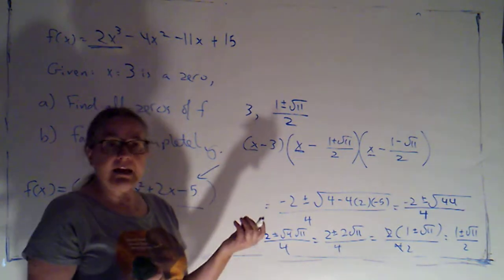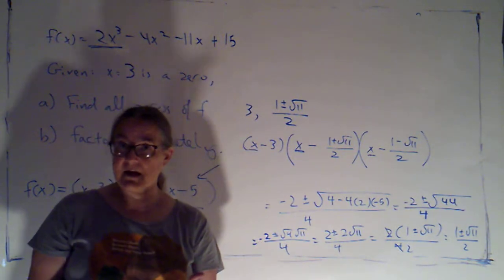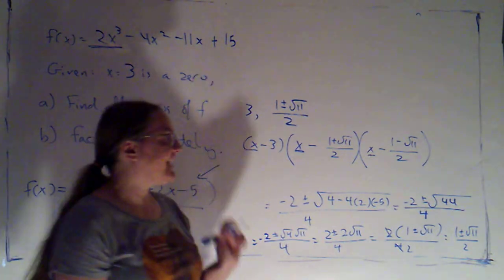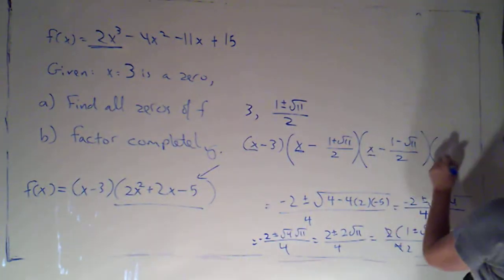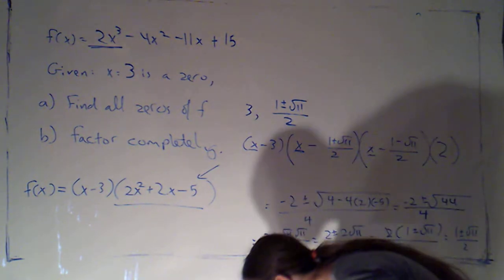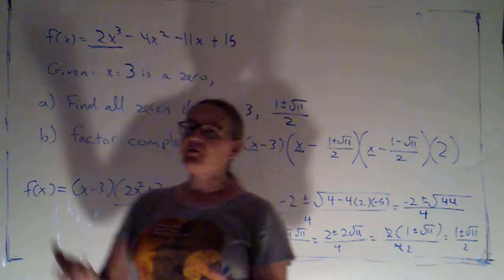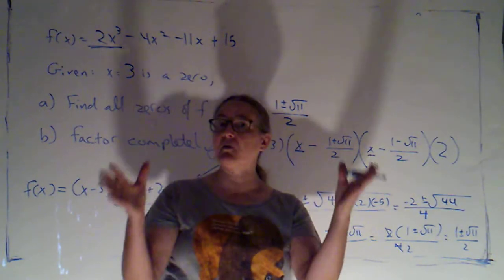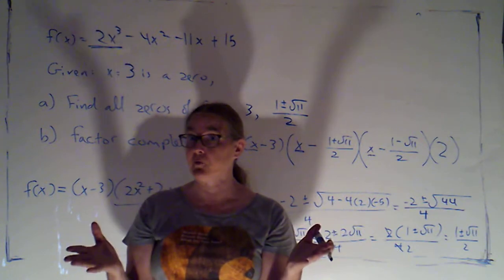Now I know I can't have any more factors with x in them, because then I bump up to a fourth degree polynomial, but I can have a factor of 2. So be very careful, because if you know that you have a 0, you know that x minus that 0 is going to be a factor. That is true.